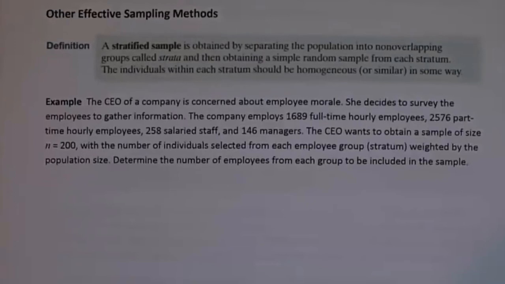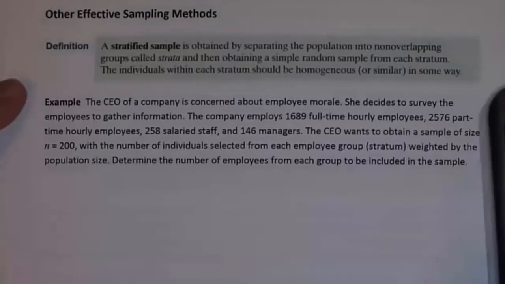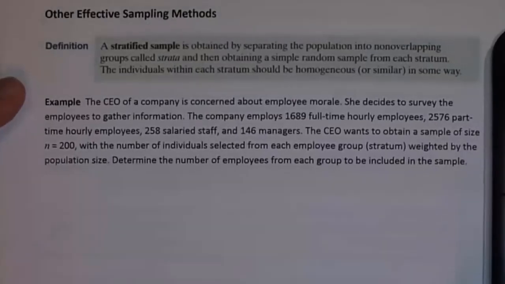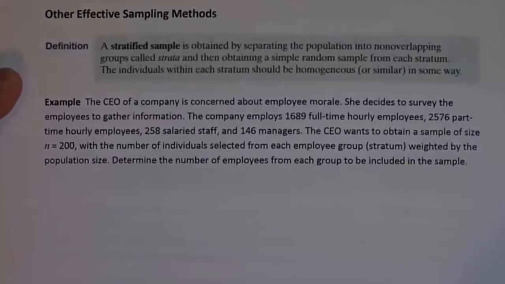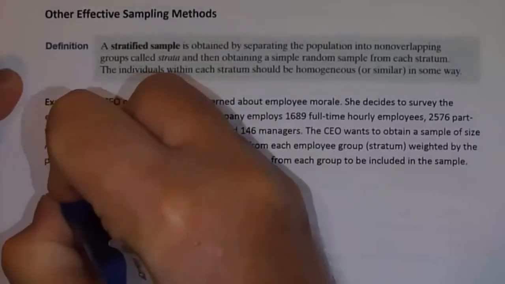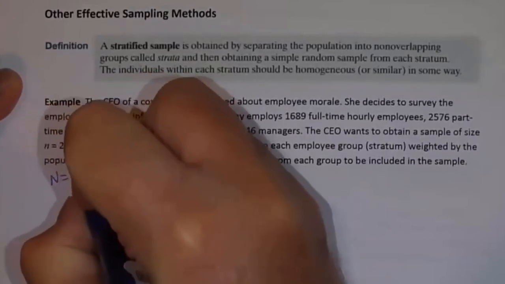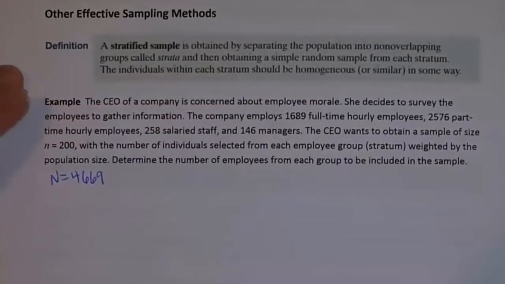So the first thing I need to do, if I'm going to do a stratified sample here, is I need to figure out what the total is. How many individuals do I have in my population? So if I add up the 1,689 plus the 2,576 plus the 258 plus the 146, altogether there's 4,669 employees. So that's what N is, 4,669.